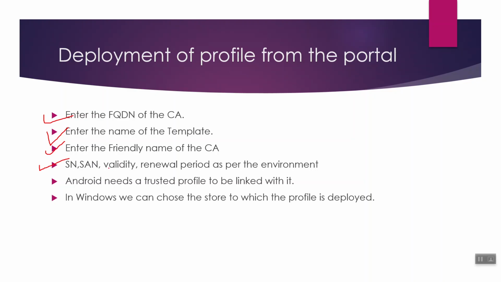The validity of the certificate, the renewal period, as in after how much time. Let's just say that the validity is 1 year and the renewal period is 20%. So at the 20% mark of a year, the certificate is going to be renewed, and this is going to be how exactly the CA has been configured as well. I mean, what is the threshold value for a CA issuing its certificate?